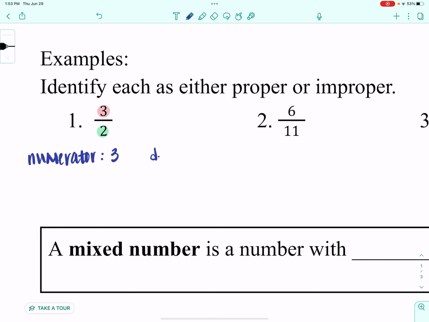Our denominator is 2. And at this point in time, you have been around math long enough to know that 3 is greater than 2. So that means that this is an improper fraction.